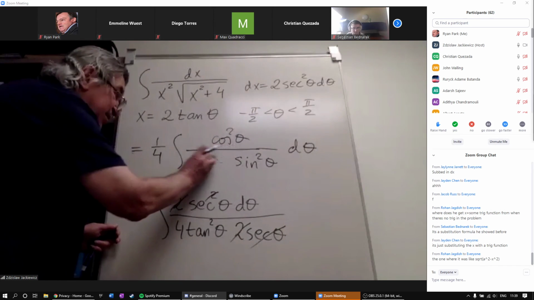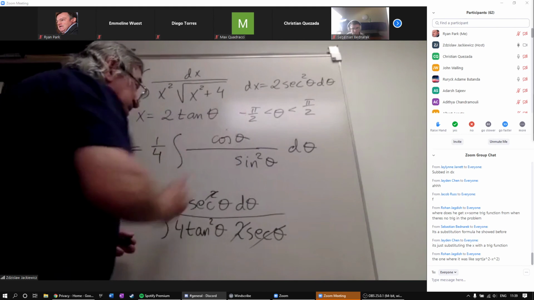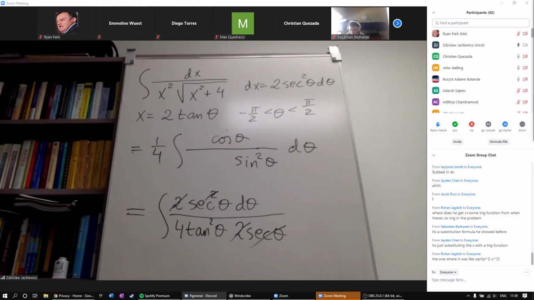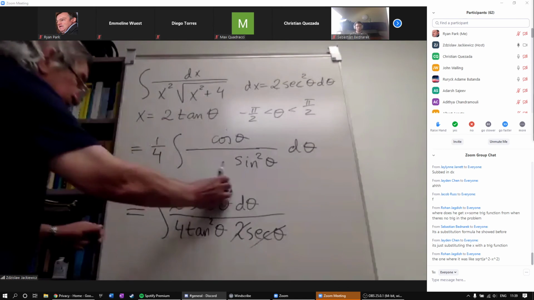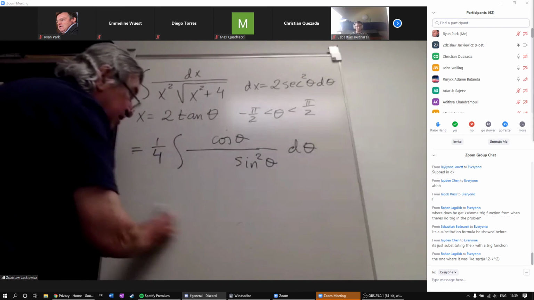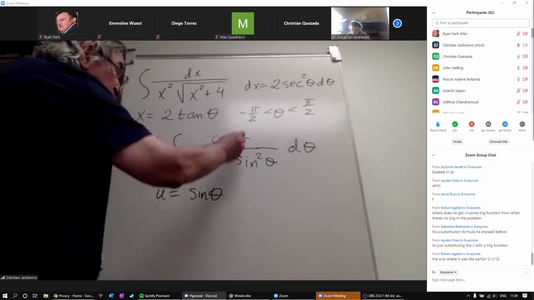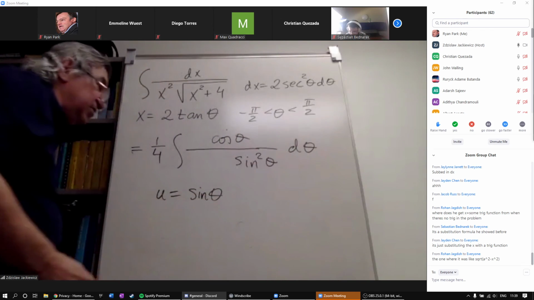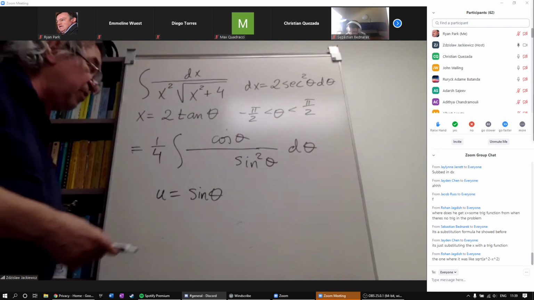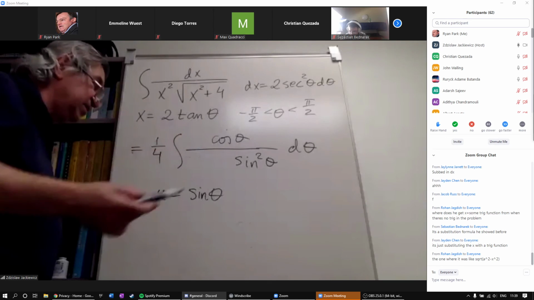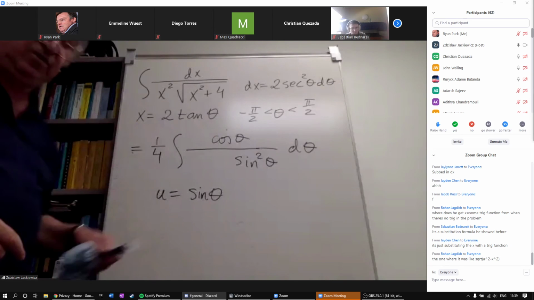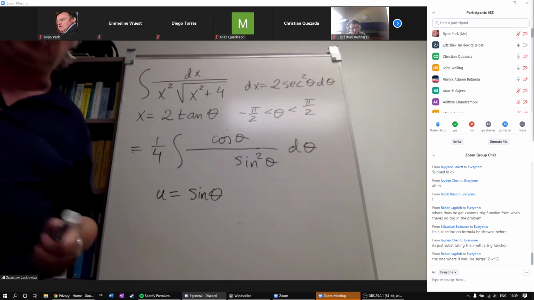Well, cosine cancels, and we get cosine over sine squared. Certainly, you can deal with this if you make the substitution u equals sine theta. You'll be able to annihilate the cosine, and you'll have to integrate 1 over u squared, which is easy. So we didn't finish the example, but this is how it works.